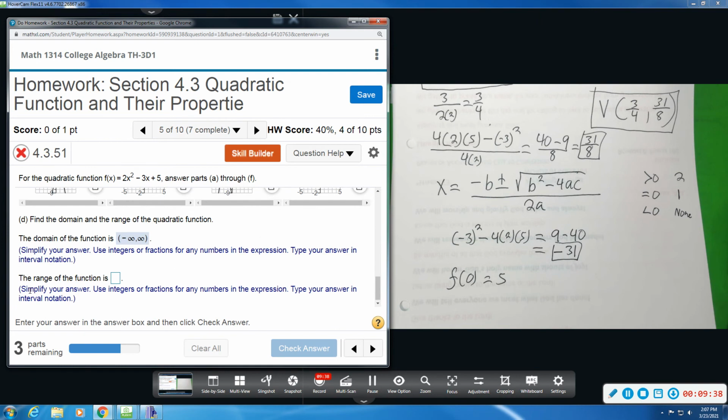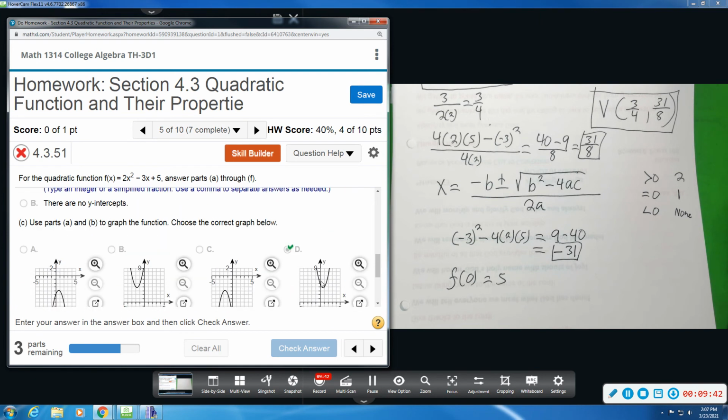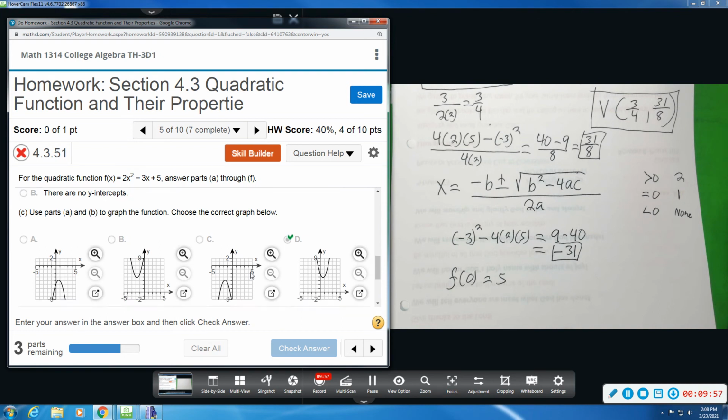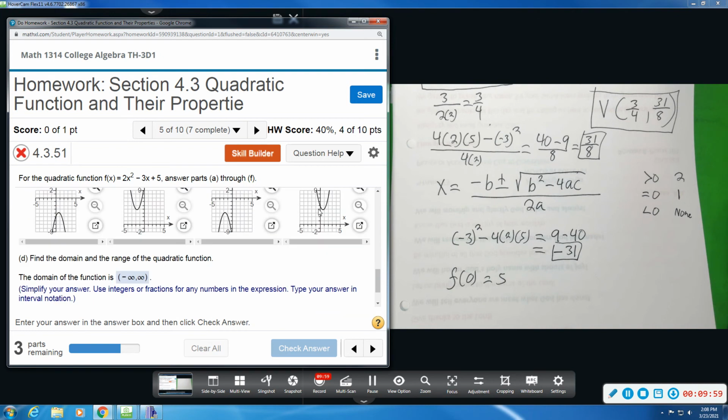When we do our range, we're going from lowest point to highest point. Since D was our graph, the lowest our graph comes down is this vertex point, the lowest point, x, y. We're in the y direction now when we're doing range. The lowest point on the graph is 31/8, and that would be here.